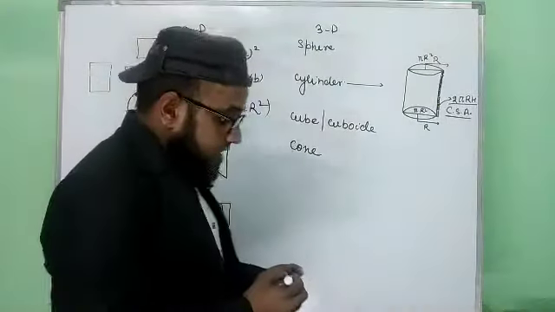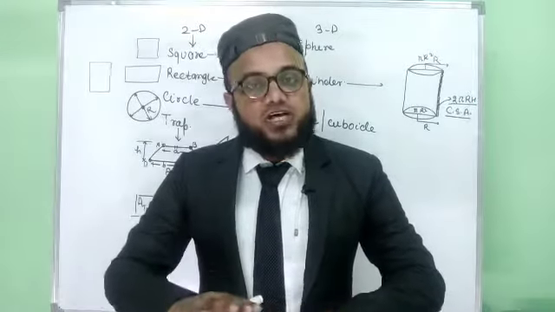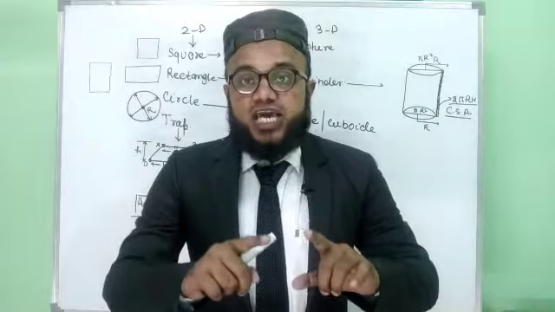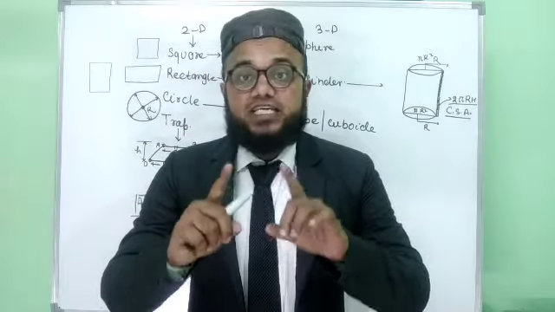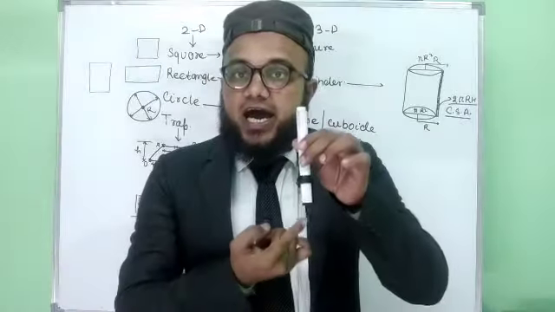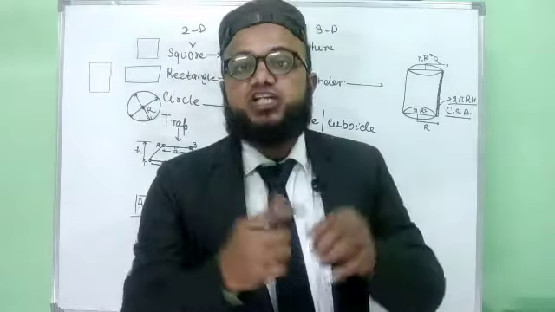If the question does not say that one part of the cylinder is open, we have to calculate the total base area, that is pi r square plus pi r square, which is 2 pi r square.